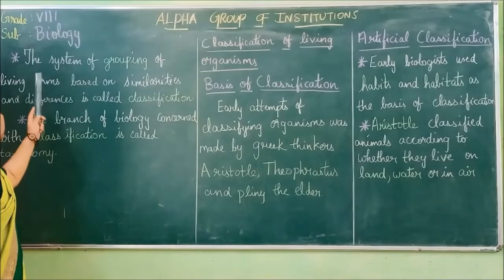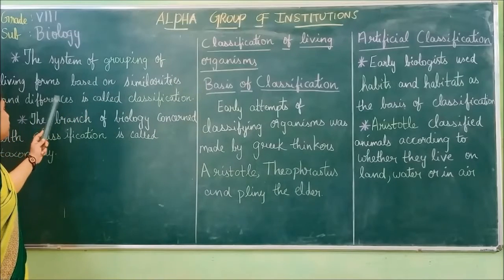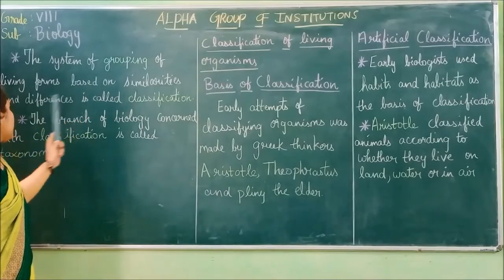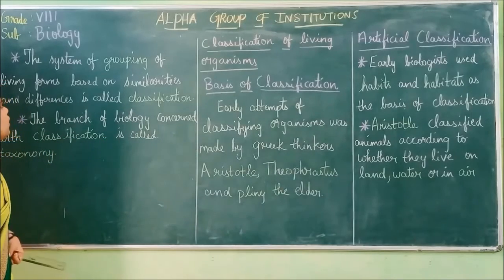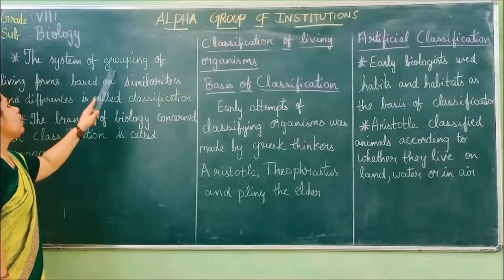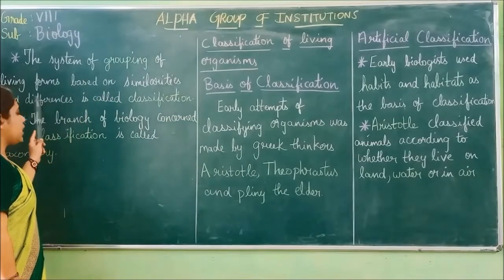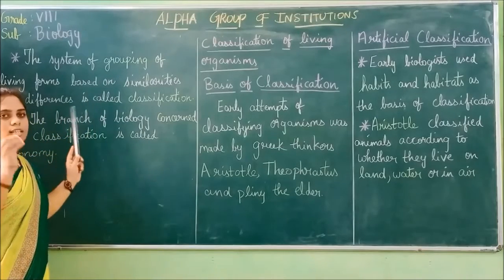So first, the system of grouping of living forms based on similarities and differences is called classification. So what is classification? Classification is nothing but grouping of organisms. All the organisms we are grouping based on similarities.